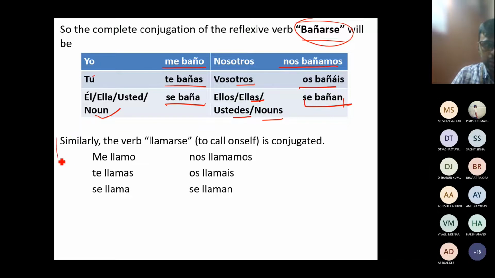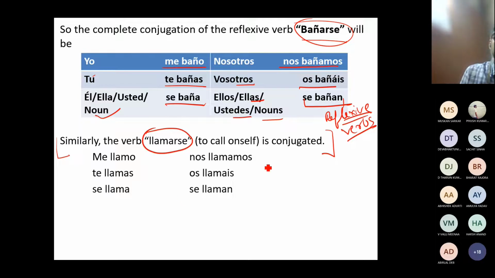Now, there are several verbs like bañarse. I mean, there are several reflexive verbs which exist in Spanish. One of the very important verbs is the verb llamarse. If you remember the greetings, there we had this question, ¿Cómo te llamas?